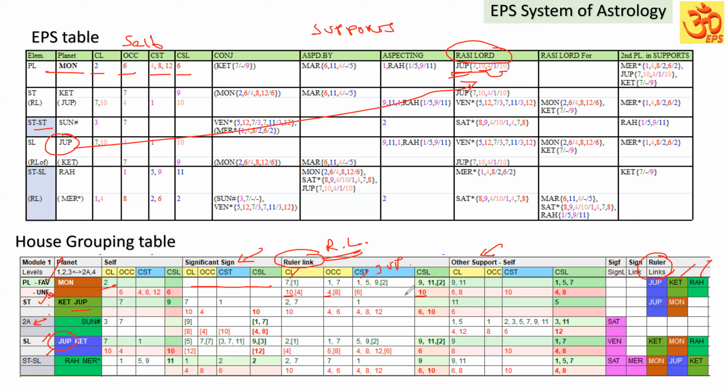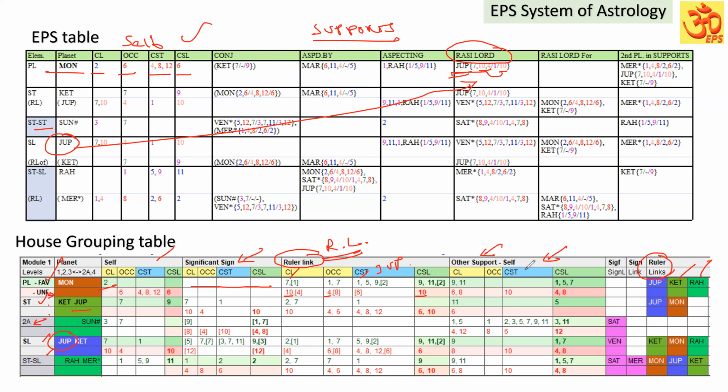Other than that, the planets of the support planets shown under the ruler link, all the remaining planets from the conjunction, aspect and second planet, whatever other planets come in support, are shown under the other supports column. So the EPS table houses of all the planets are grouped under self separately, and support planets are grouped under significant sign lord, ruler link and other supports.